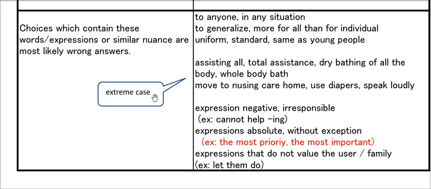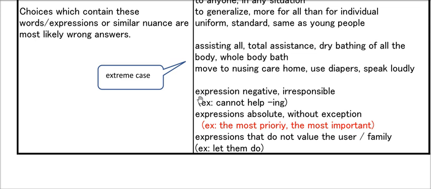This is an extreme case. Assisting all, total assistance, dry bathing of all the body, whole body bath, move to nursing care home, use diapers, speak loudly in a loud voice. These are no good.